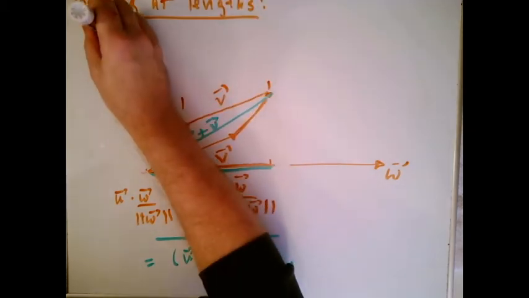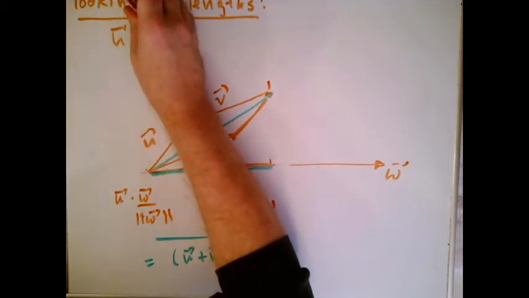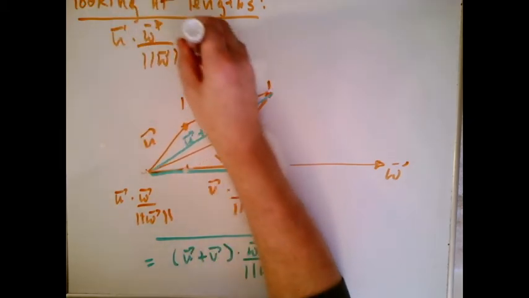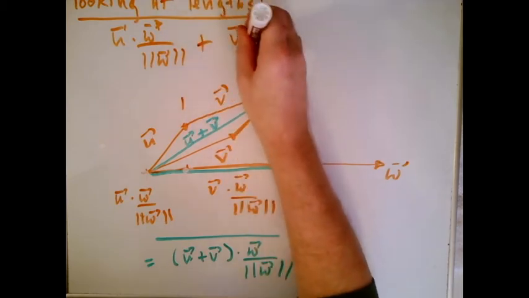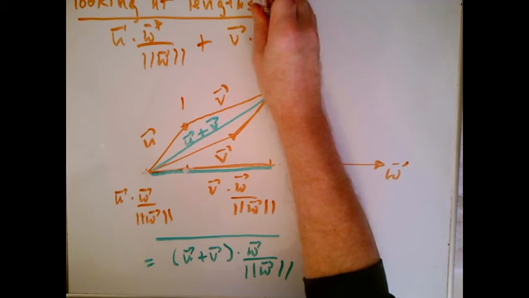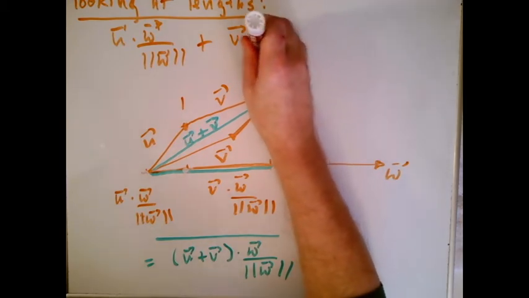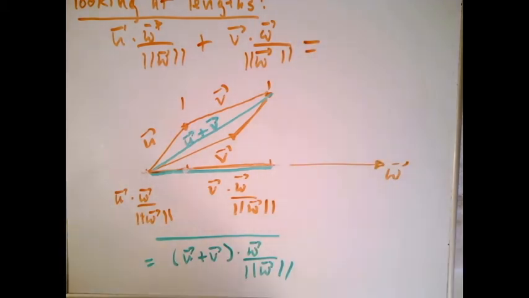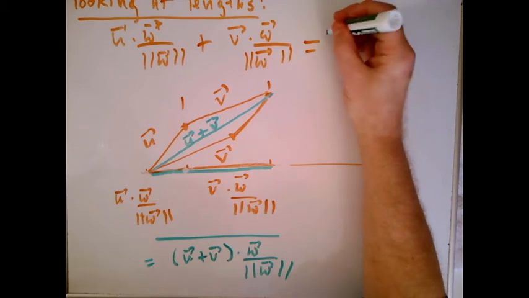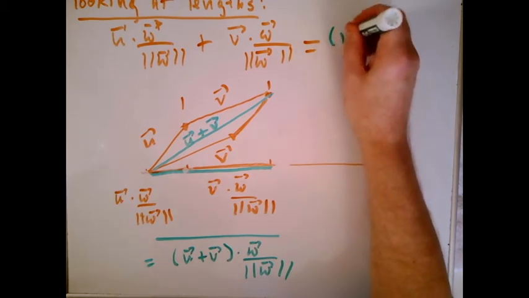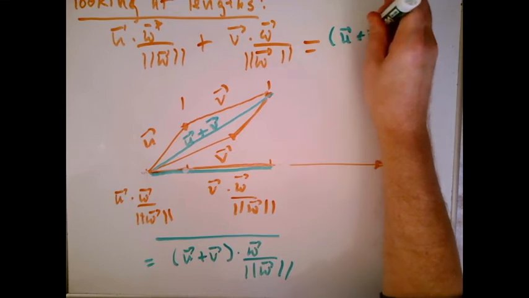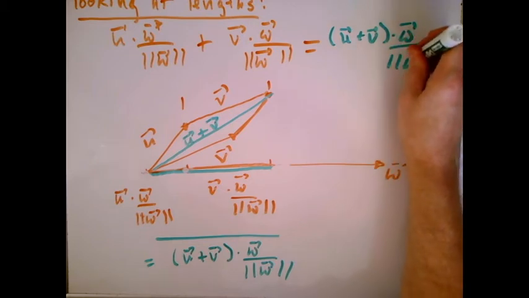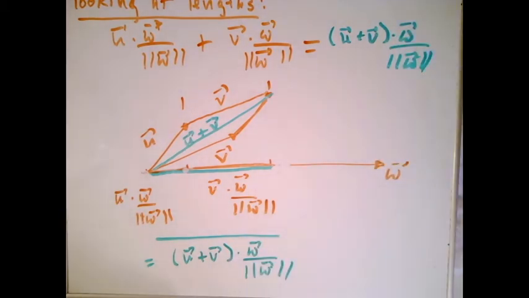we get that U dot W over length of W plus V dot W over length of W equals, I can make it the big green distance, it doesn't matter what color I write it in, and at least it's descriptive, U plus V dot W over length of W. So at least in terms of shadows, that resembles the distributive law.